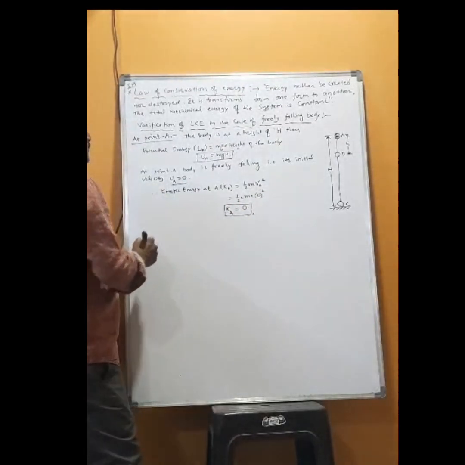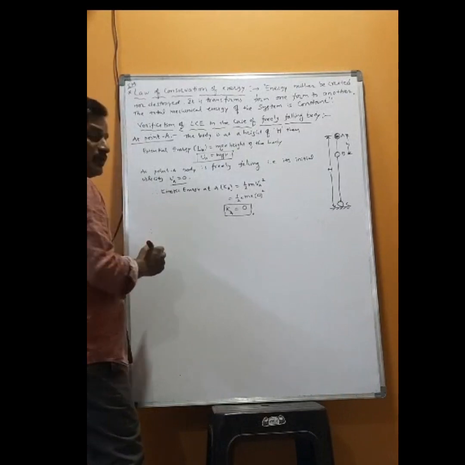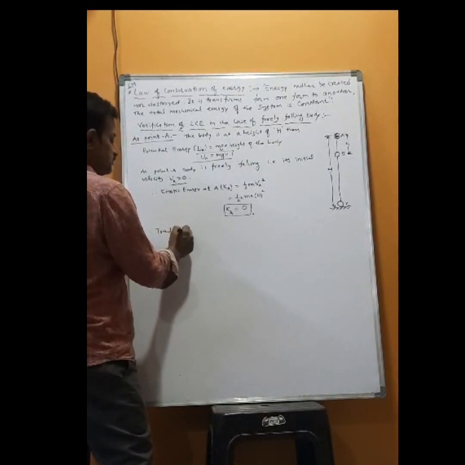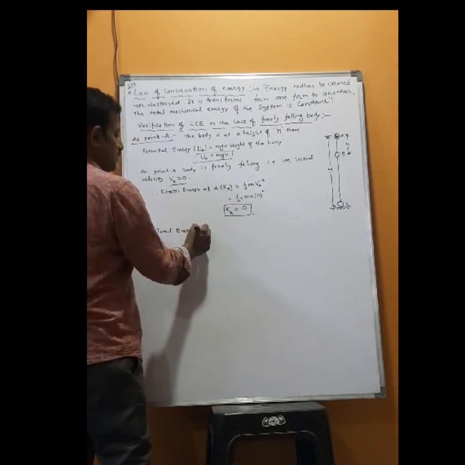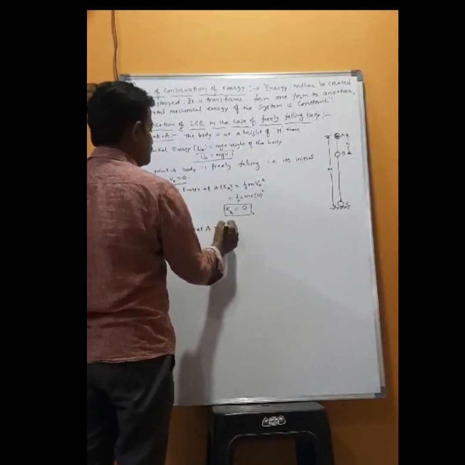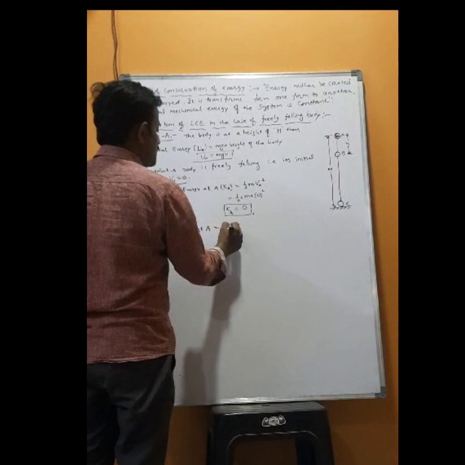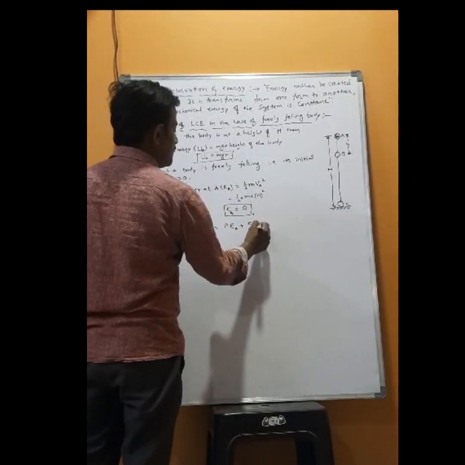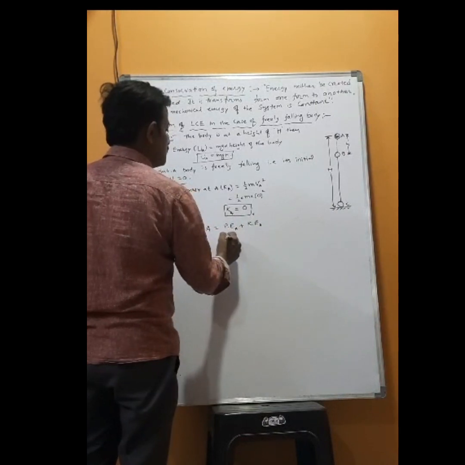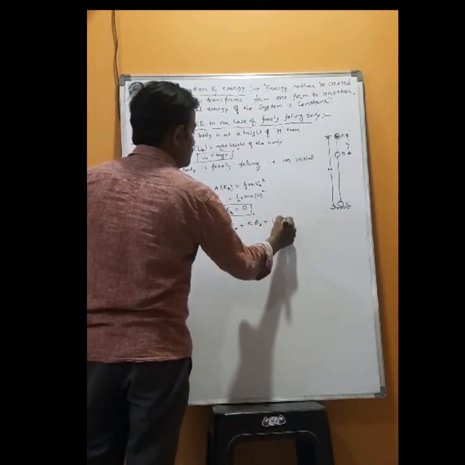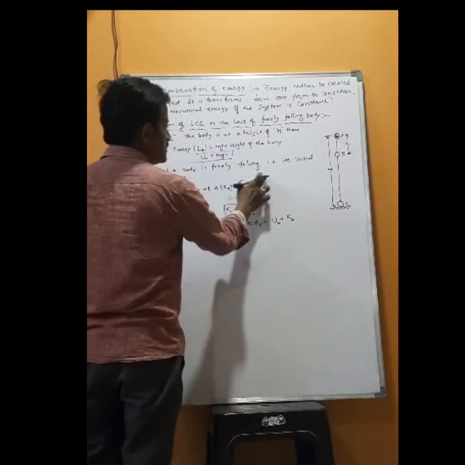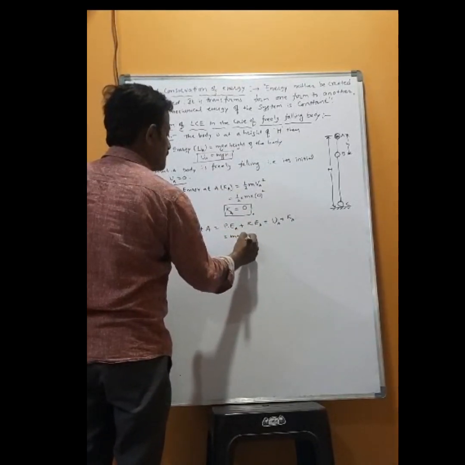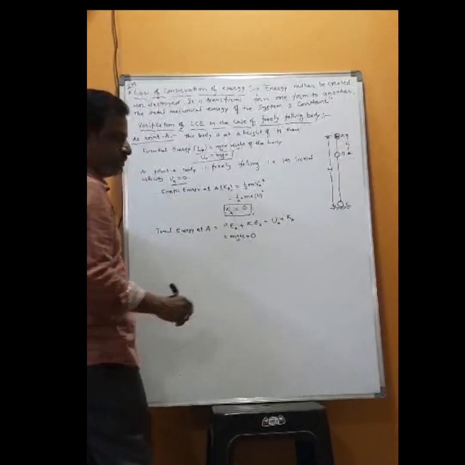Now we have to find the total mechanical energy. Total energy at A is equal to potential energy at A plus kinetic energy at A, that is U at A plus K at A. U at A is mgH, and K at A is 0.